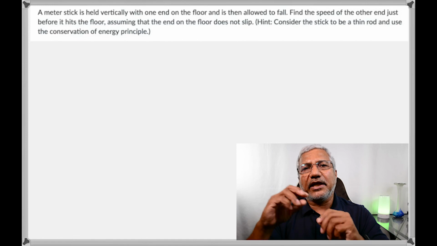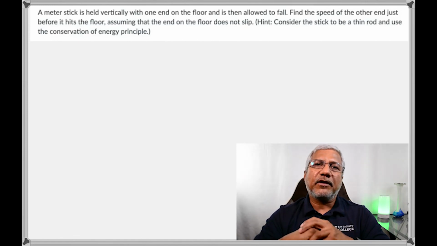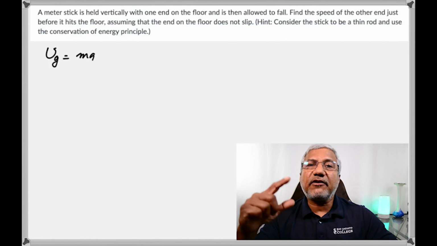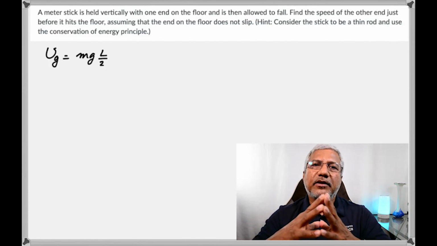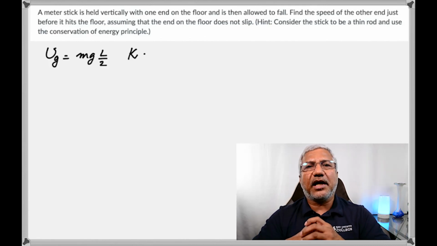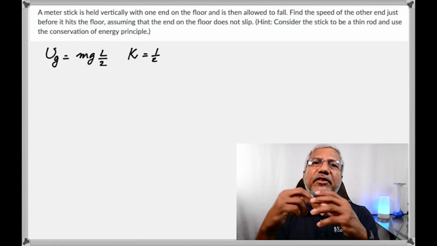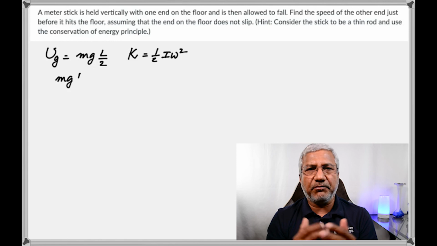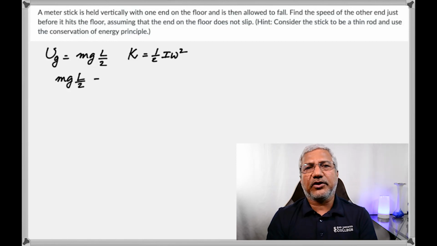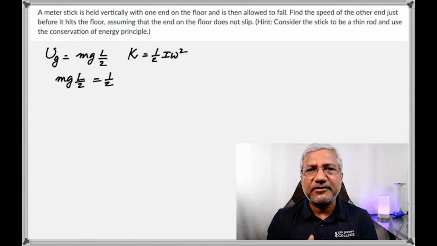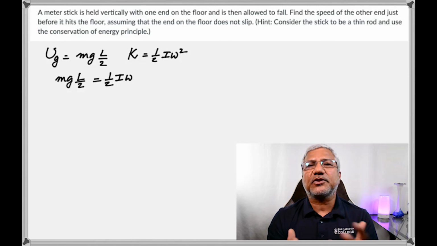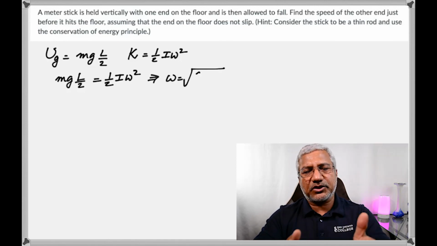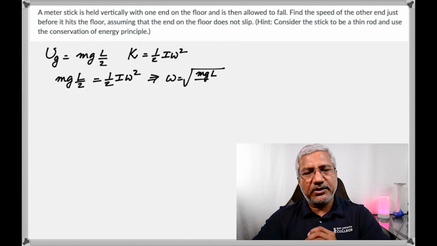So when we do mgh, we're going to have mg times half the length of the rod, which becomes equal to 1/2 I omega squared. And then for omega, we know omega is v by r, angular velocity is linear velocity by radius. And then with that substitution, we can find the linear velocity of that end, which is what is coming up.